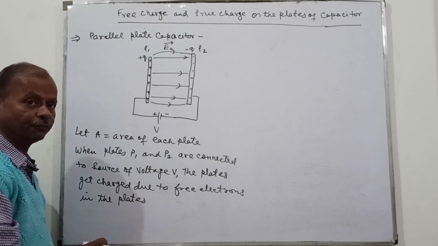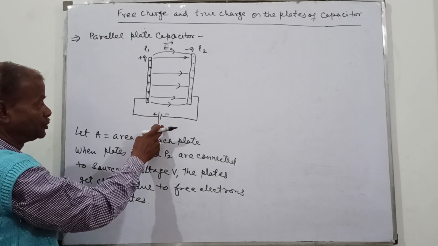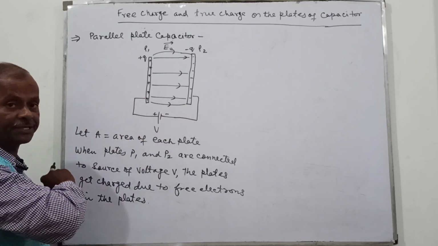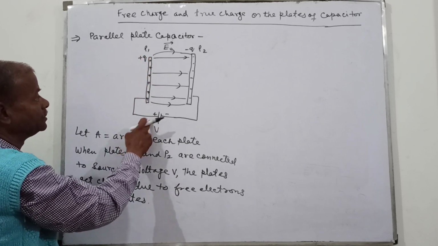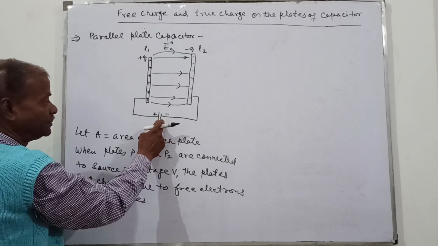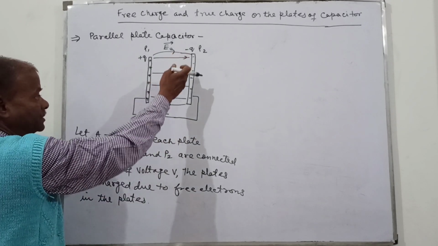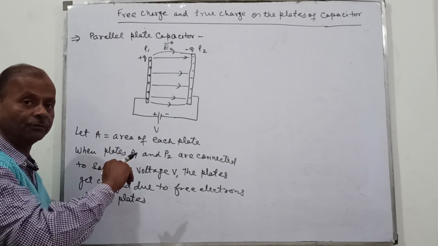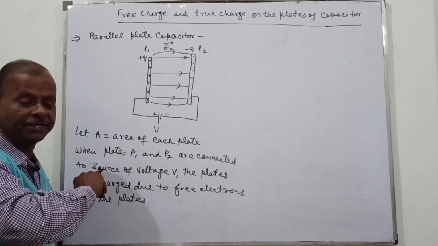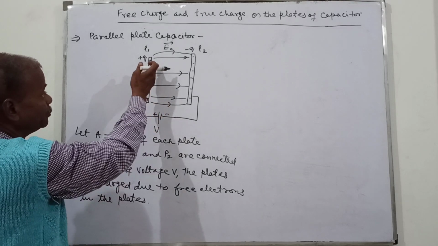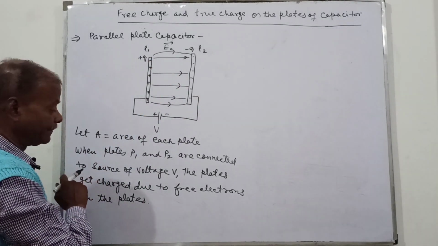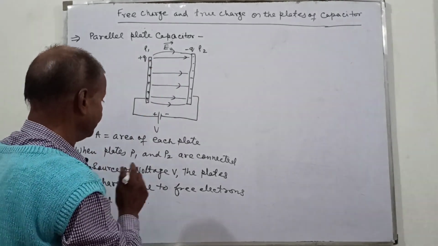So what happens is that when this source is connected to these plates P1 and P2, this plate is getting positive charge, this plate is getting negative charge, and this is due to the free electrons in these plates, because plates are made of some metal. So because of them we are having the electric field E.